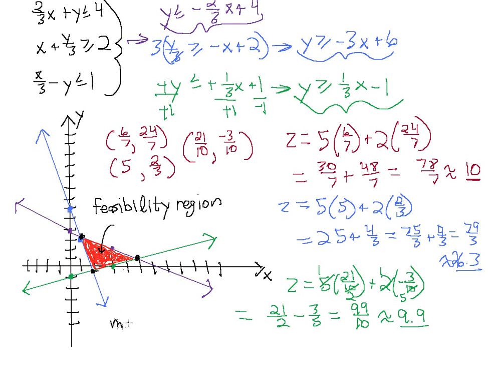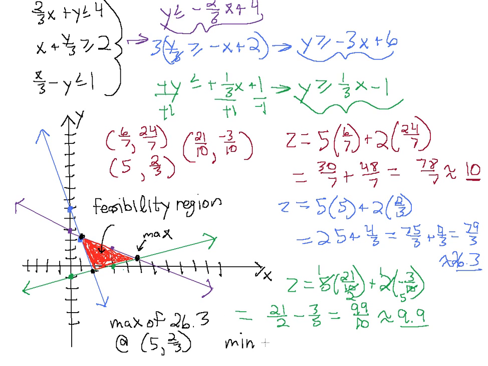Our maximum value of 26.3 is occurring at the point (5, 2/3). So this is our maximum value. And we also have a minimum value.